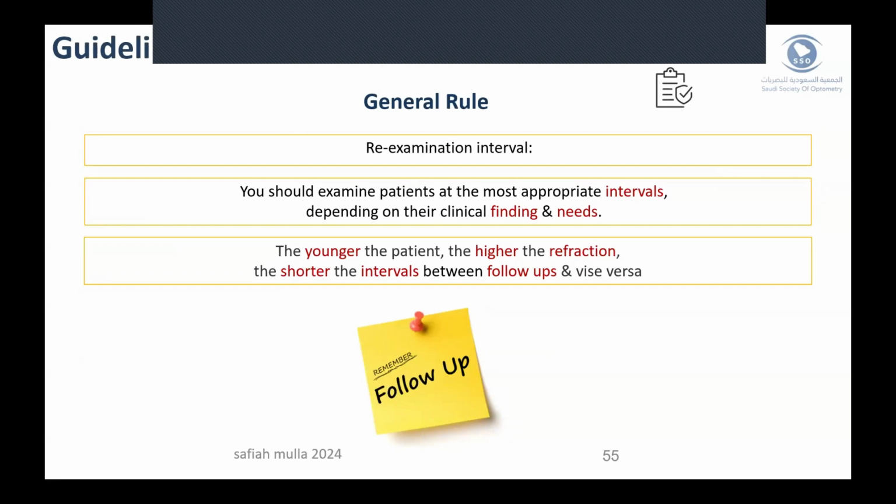The younger the patient, the higher the refraction, then the shorter the intervals between the follow-ups and vice versa. So when the kid becomes more and more stable, you can start to make a longer interval for the visit. However, when the child is having a problem, you have to monitor them closely with short interval visits for the follow-up.